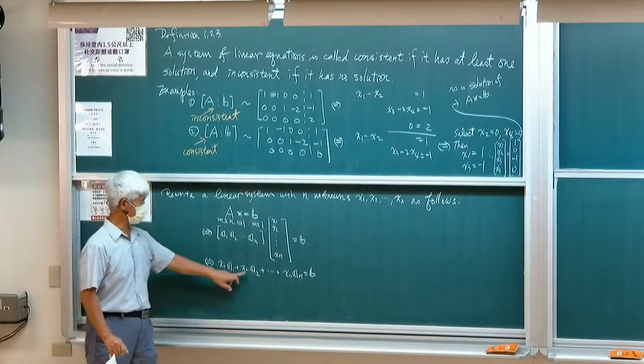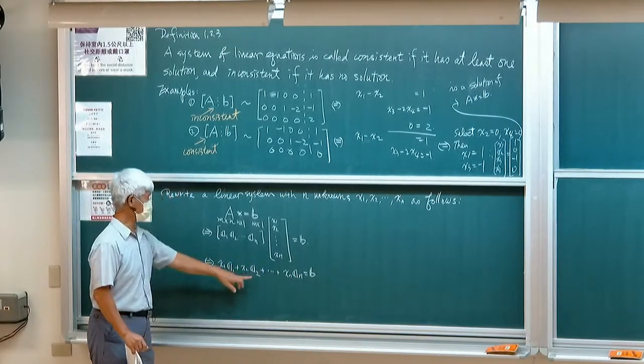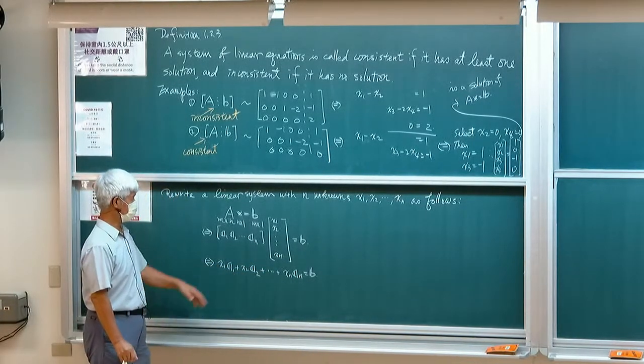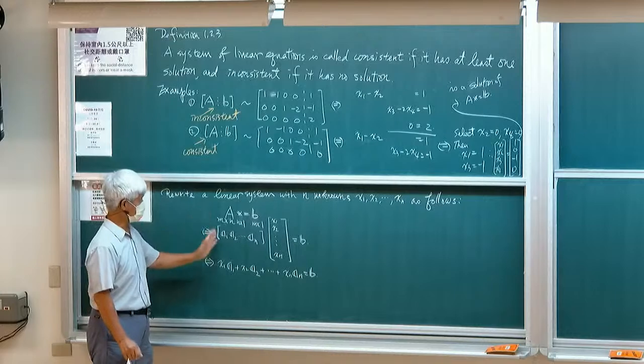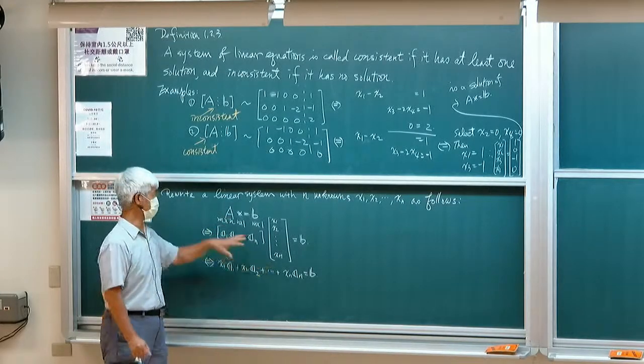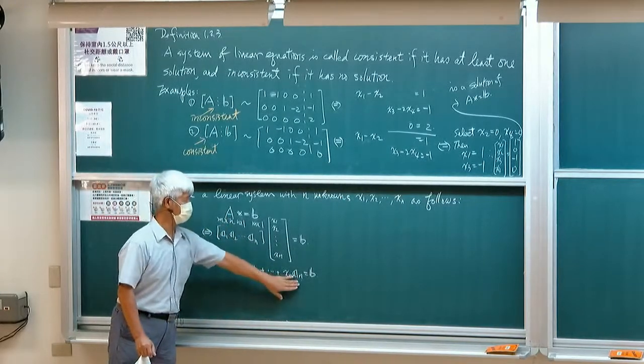There are coefficients in each term, and the coefficient matrix A is partitioned into columns. So you just put columns here.